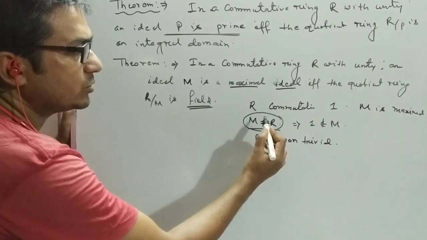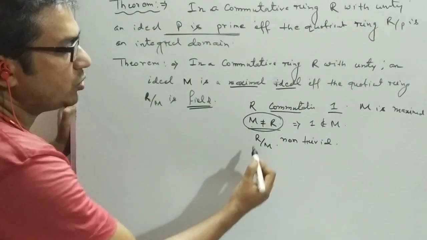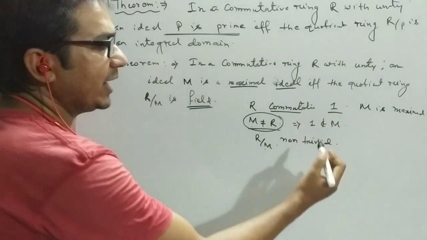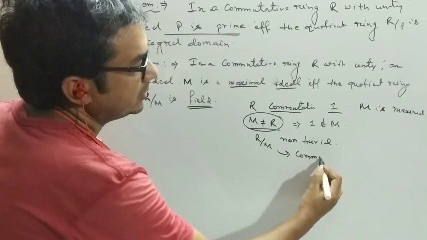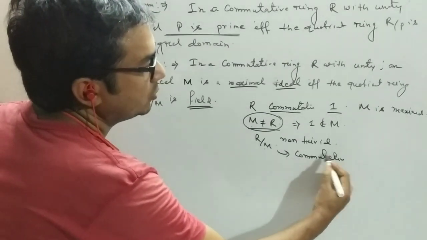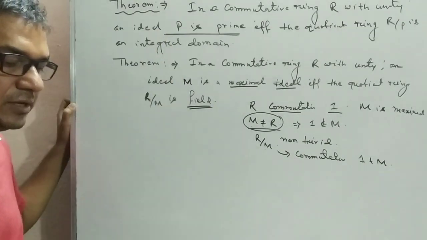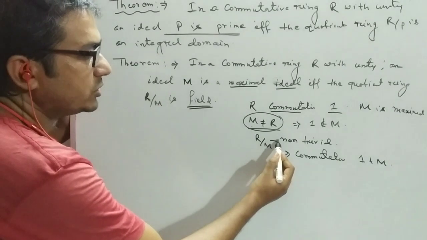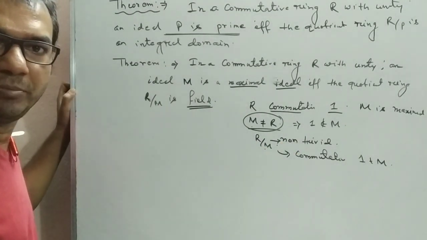Since R is commutative with unity, R/M is also commutative and also with unity 1 + M. And since this is non-trivial, it must have a non-zero element.